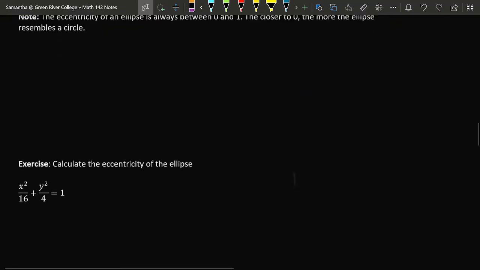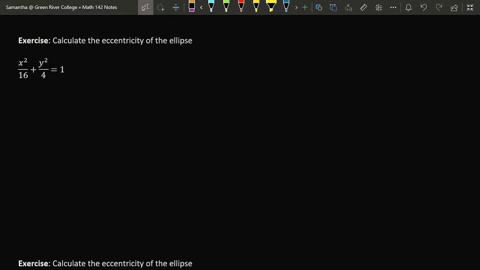For example, let's calculate the eccentricity of the ellipse x squared divided by 16 plus y squared divided by 4 equals 1. So the 16 is our a squared, the 4 is our b squared, and we can see that a squared is the larger number.